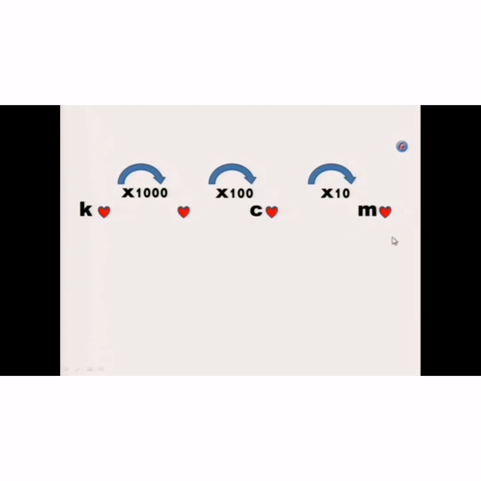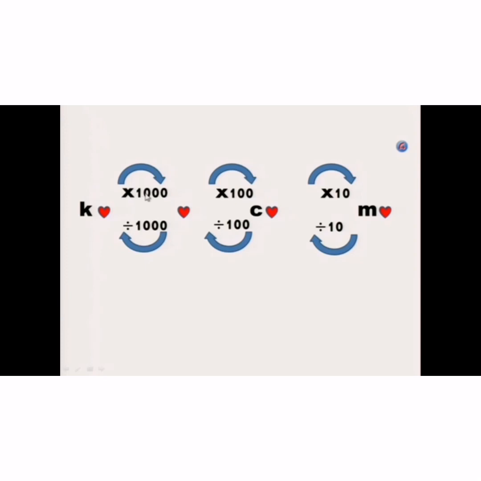Let us look if I move in the opposite direction. If I'm moving from a milliheart to a centiheart, the conversion factor is 10. If I move from a centiheart to a heart, the conversion factor is 100. If I move from a heart to a kiloheart, the conversion factor is 1000.